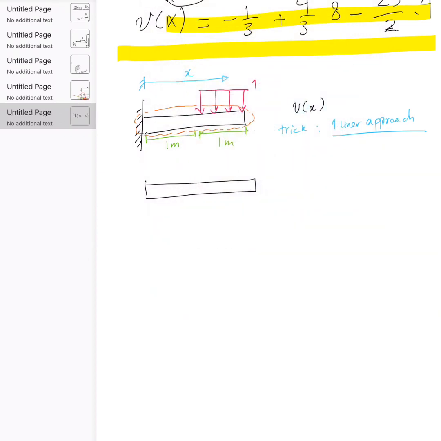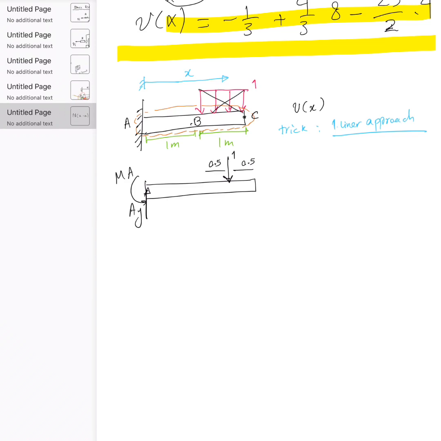If this point is A, B, C, you're going to get AY and MA at the wall, and then you replace this distributed load with a single load at its centroid. The magnitude is equal to the height, which is 1, times the base, which is 1. So the magnitude is 1, and the location is obviously 0.5 from here. It's at the center.